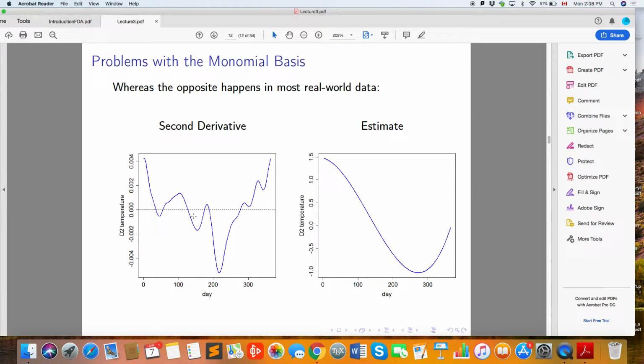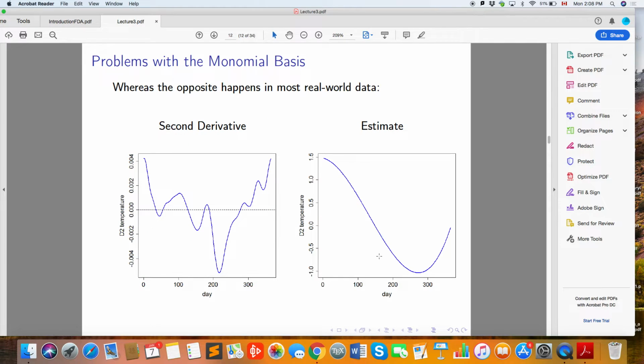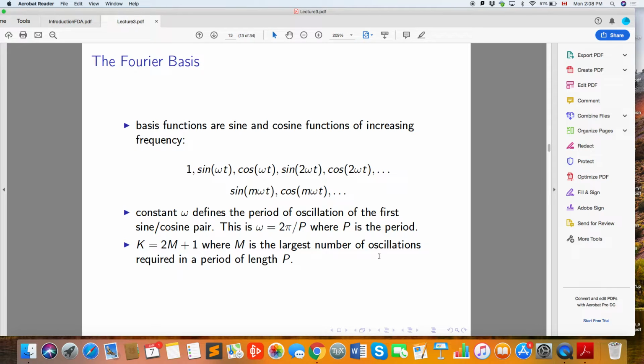But with the monomial basis functions, the estimated second derivative is even smoother, because the degree becomes capital K minus 2, so it becomes simpler. Therefore, in reality, we never recommend monomial basis functions. We never use polynomial functions to approximate the curves.